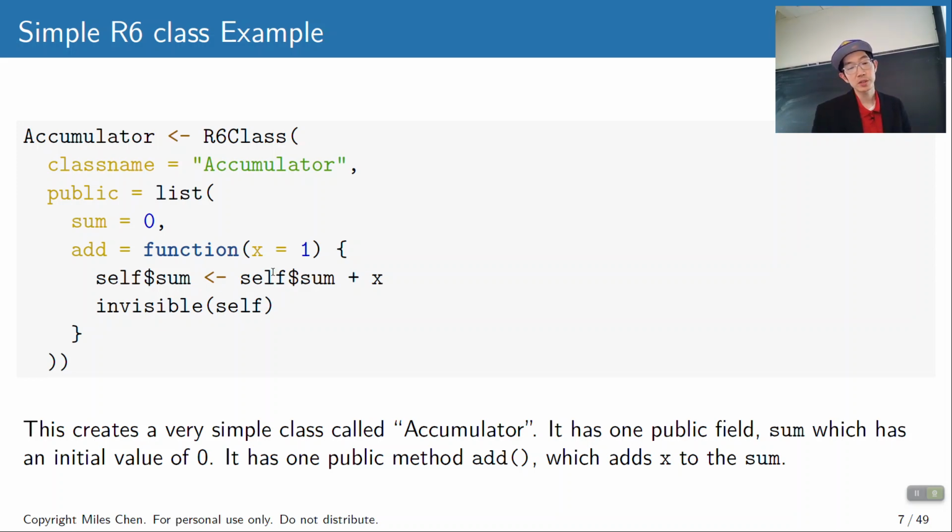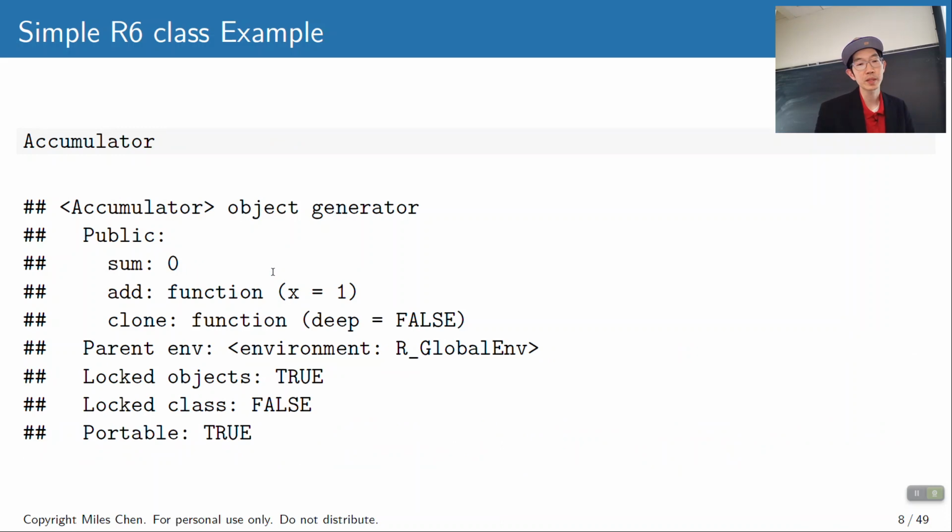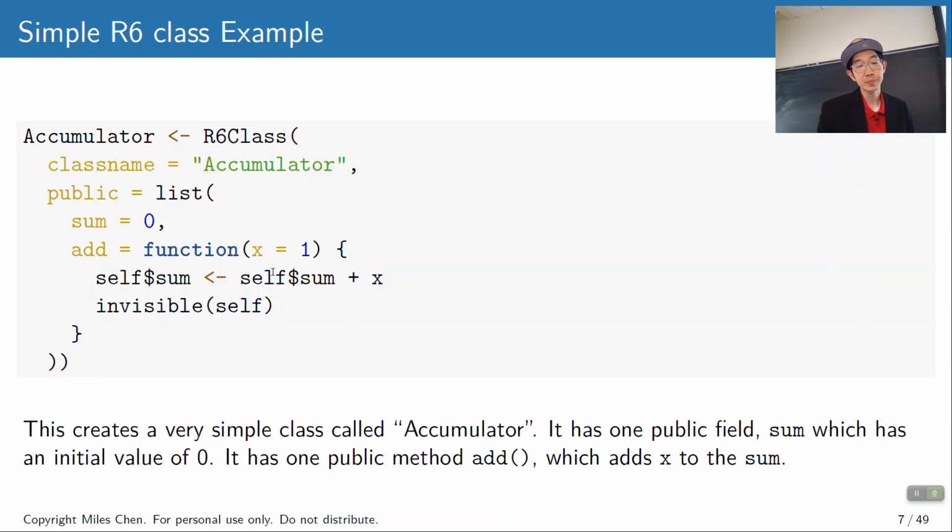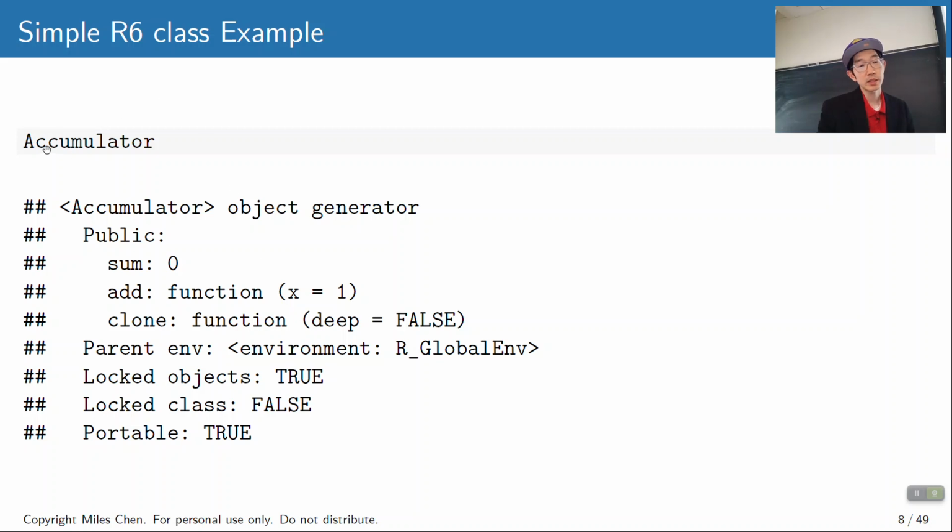So this creates a very simple class. The class is called Accumulator. It has one public field, sum, and one method called add, and that add is going to add x to the sum. Once you've defined that class, we ask, what is Accumulator? It says Accumulator is an object generator, and it generates objects of class Accumulator.